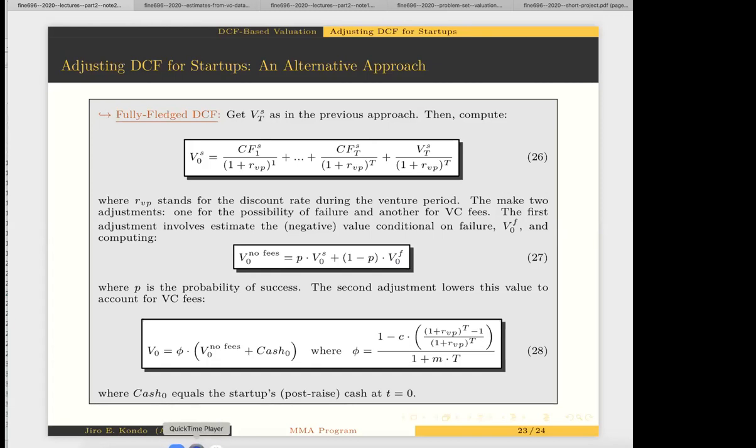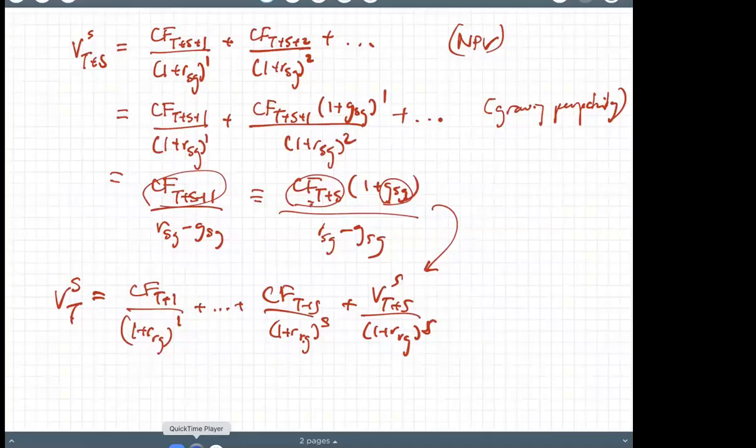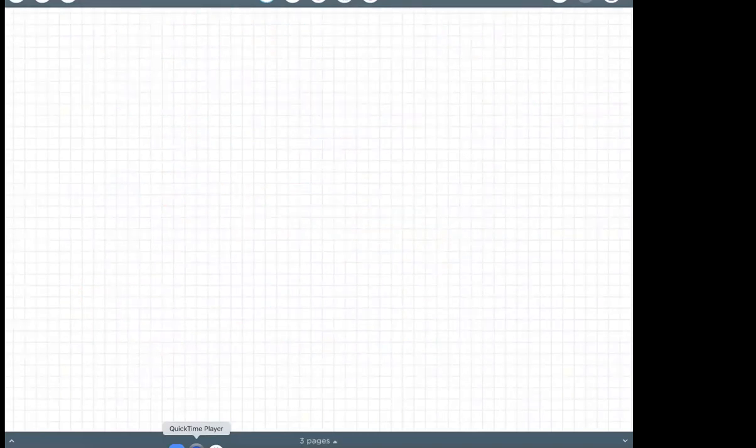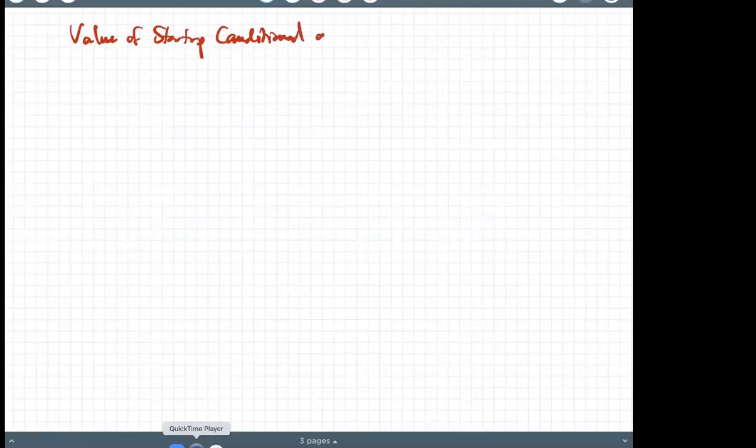So how should the expected cash flows of a startup, the value of the startup conditional on failure, be obtained?